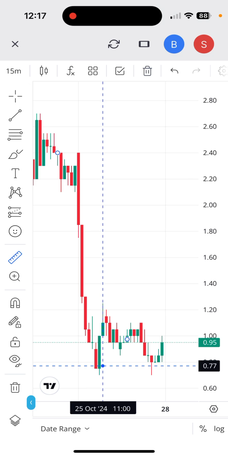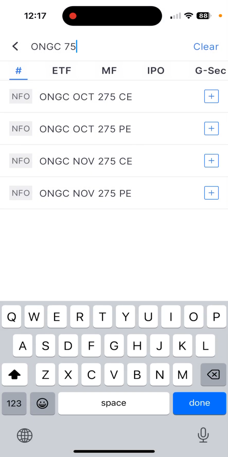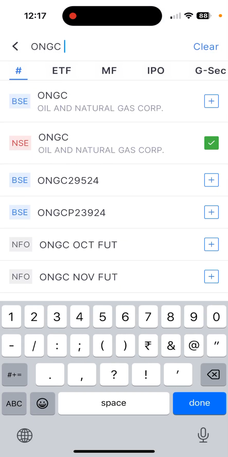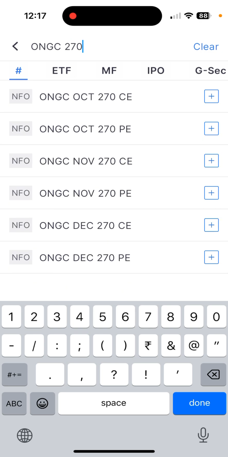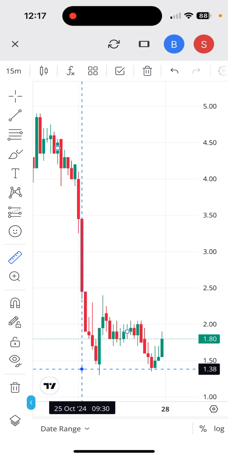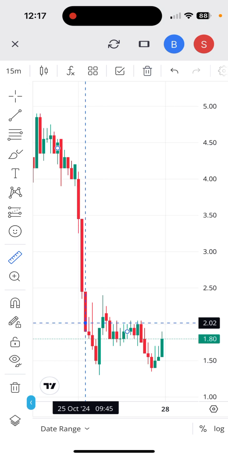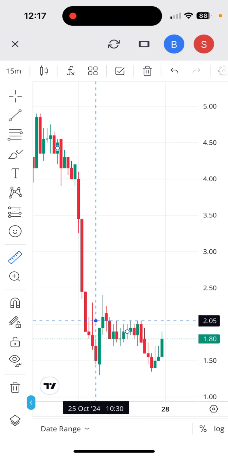Right. This is about now. If you would have sold, for example, a closer one, 270, at 9:45. Selling a closer one is a little risky, but far off is better because now this is the last week of the expiry. So you will sell a far off call, which is safer. But even if you're selling a closer one, it will give you returns. So 9:45, 9:50.